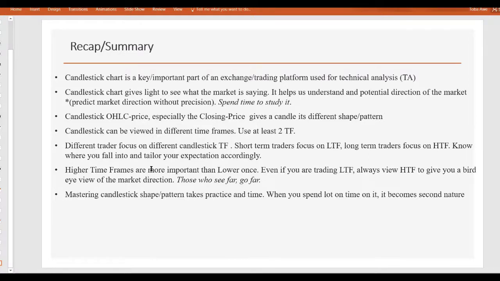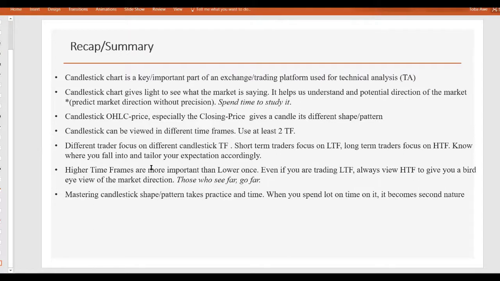Tailor your expectations accordingly means, for instance, if I'm analyzing a 5-minute candlestick chart, what I've analyzed and my projection of the market is going to manifest maybe in the next 15 minutes, or 30 minutes, or 40 minutes, or 1 hour.